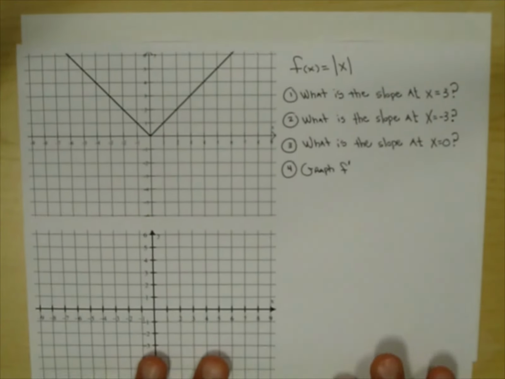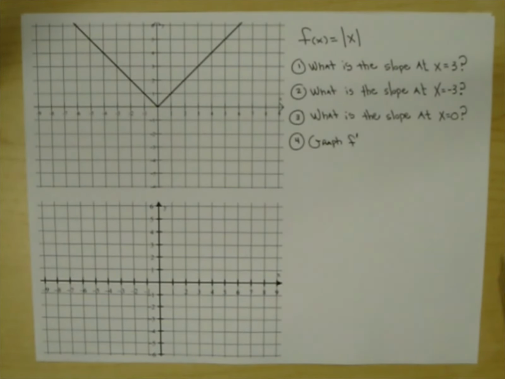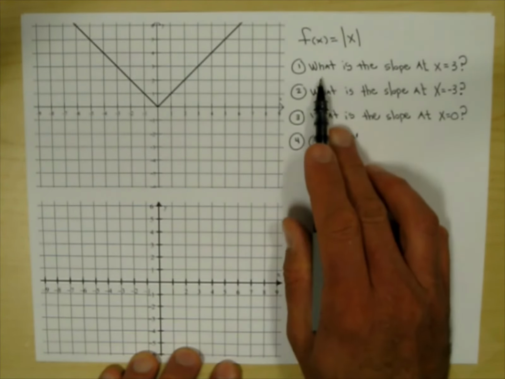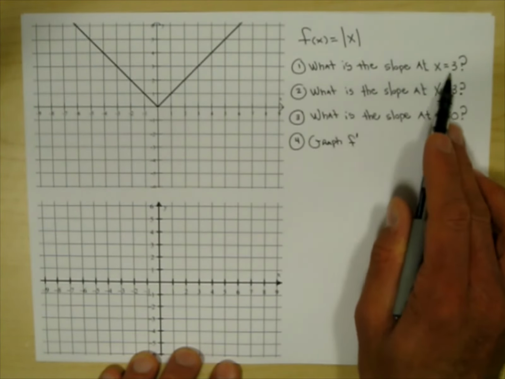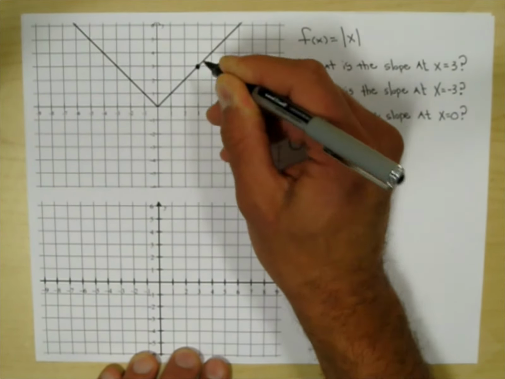This next example is a graph you've probably seen from pre-calculus. It's the absolute value graph. It asks, what is the slope at x equals 3? So x equals 3, go to the x-axis, there's 3. Put a point there. Can we draw the tangent line to that?